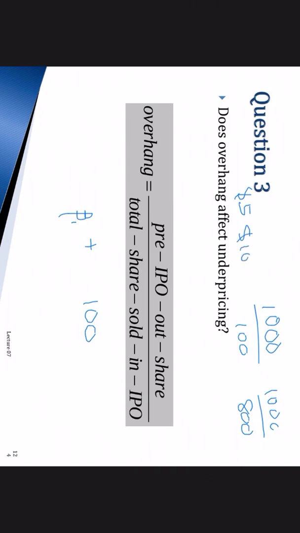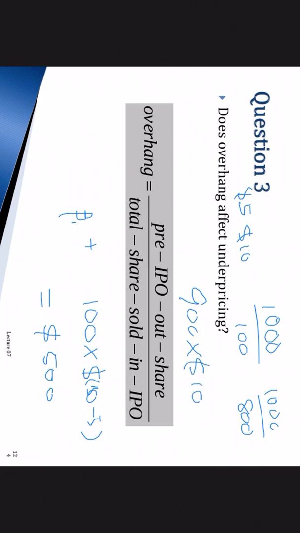So for these 100 shares, you could have sold them for $10. You end up with $5. The difference, 10 minus 5, is the money left on the table. You left $500 on the table. However, the rest 900 shares will be valued at $10.